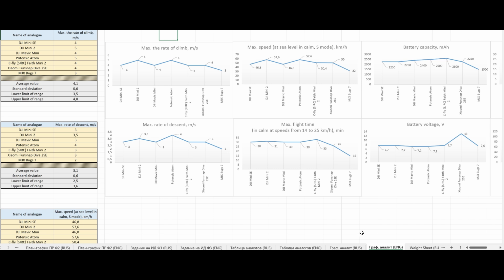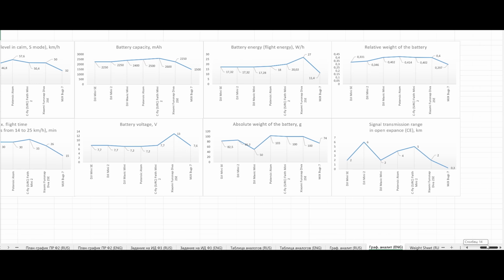From the resultant graphical dependence, it can be concluded that in terms of the characteristics considered, all analogs, except for MGX Bug 7, which is the cheapest, 5 times cheaper than the standard analogs, have approximately similar characteristics. Looking ahead, I will state that the point of introducing MGX Bug 7 to the list of analogs is the presence of an analog, based on the analysis of the design of which options for reducing direct costs for individual components of more expensive analogs can be considered.